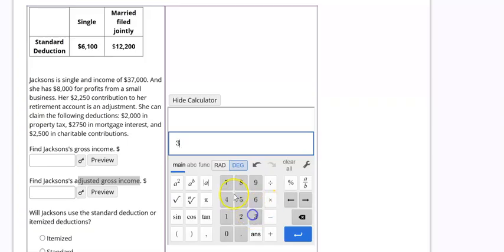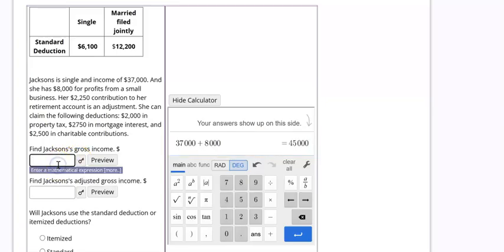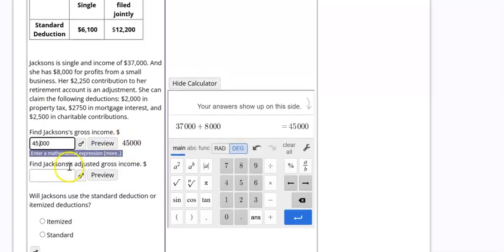Her income is going to be $37,000 plus $8,000, obviously $45,000, right? So this is her gross income. Only two incomes, you add them up for the total. Now for adjusted gross income, you subtract the adjustment from the gross income.